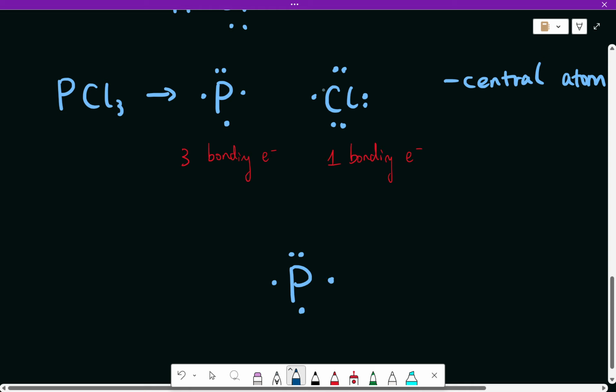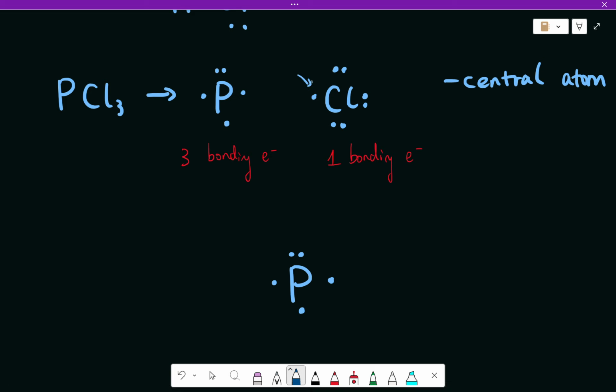And we can see that this chlorine needs 1 more electron to achieve its octet of valence electrons, which means we can put our chlorine here to share this electron with the phosphorus. And I'm going to use a cross to indicate the electrons originated by chlorine.